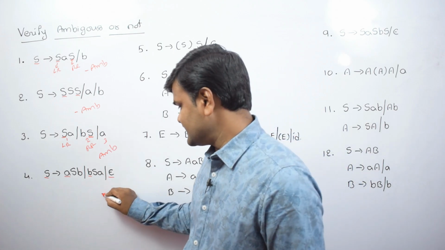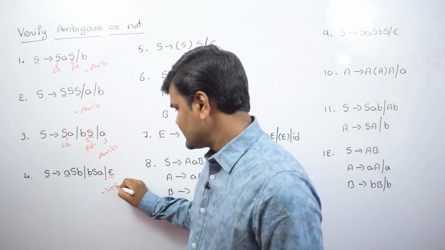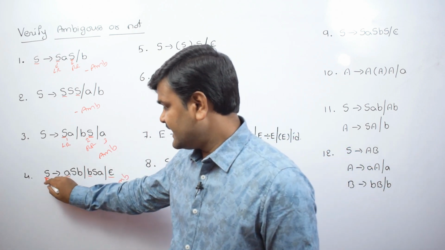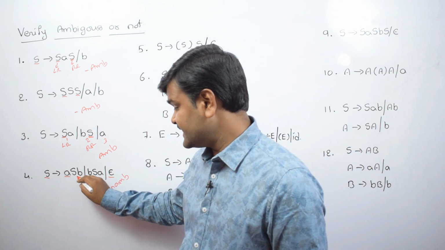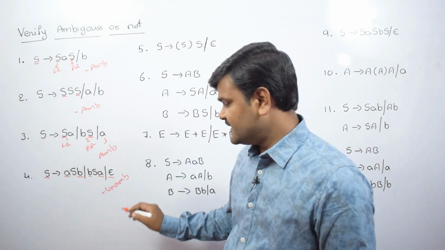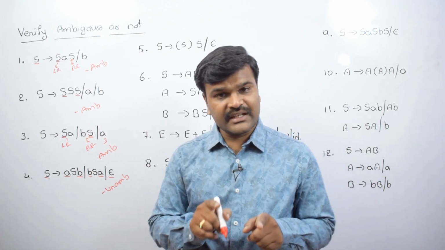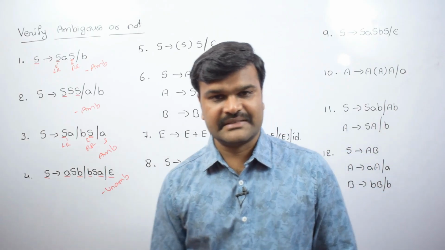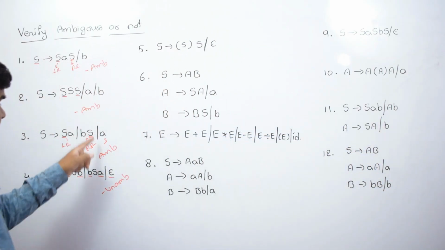That is why this is unambiguous. Still, you can check for right recursion, meaning the LHS variable in the last position. No. So it has neither left nor right recursion. This is the first unambiguous grammar.